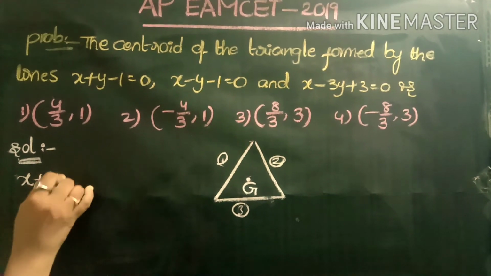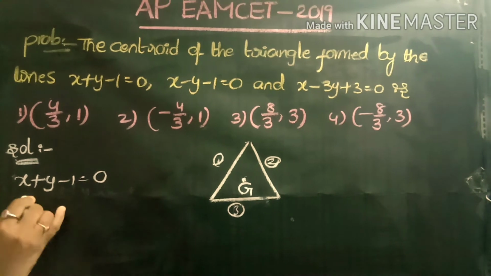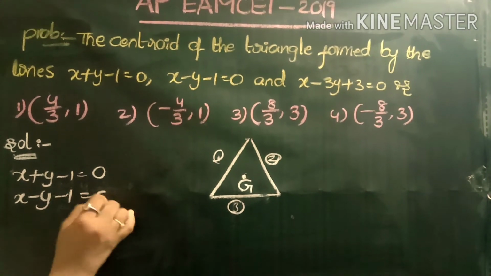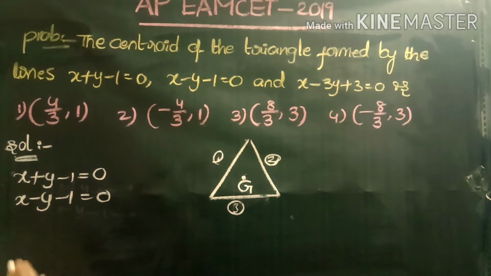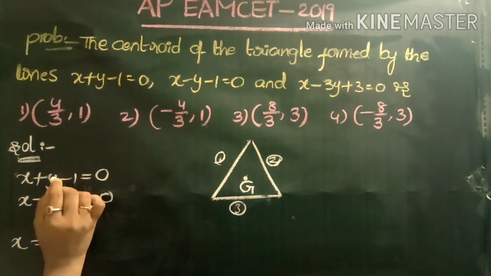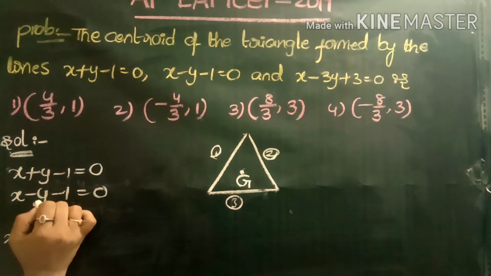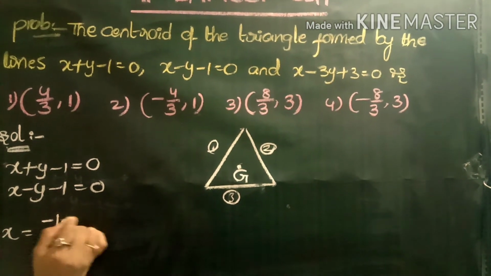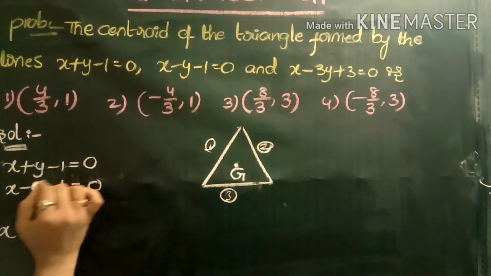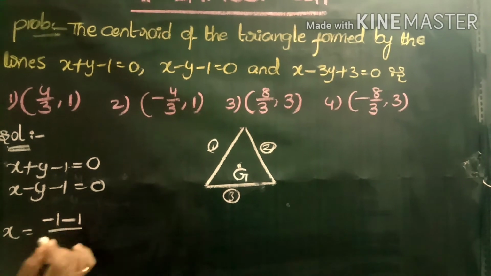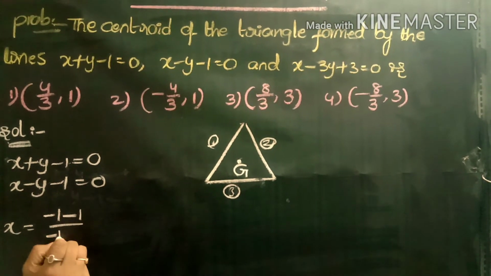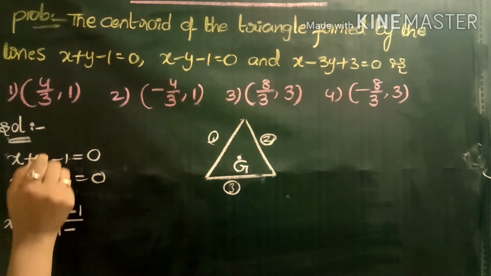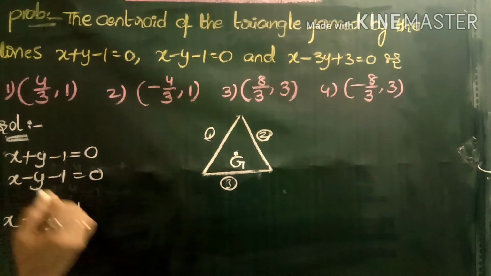First we take the point of intersection of the first line and second line. x plus y plus 1 is equal to 0, x minus y minus 1 equal to 0. Now what is the point of intersection? x is equal to (b1 c2 minus b2 c1) by (a1 b2 minus a2 b1). That is, b1 c2: 1 into minus 1 minus 1, minus b2 c1: minus 1 into minus 1 plus 1, by a1 b2: 1 into minus 1, minus a2 b1: 1 into 1.